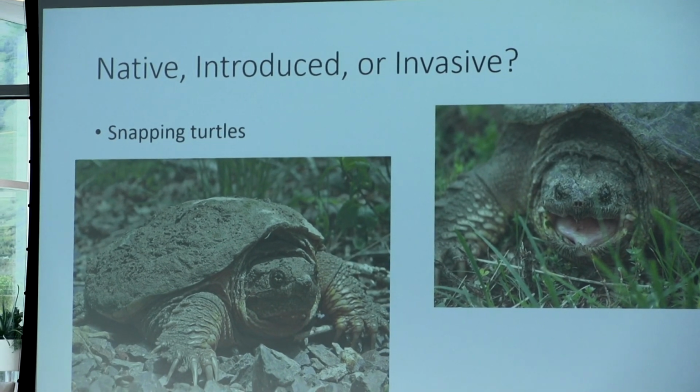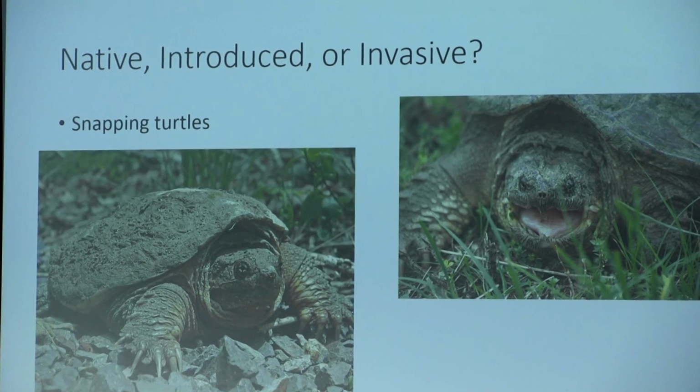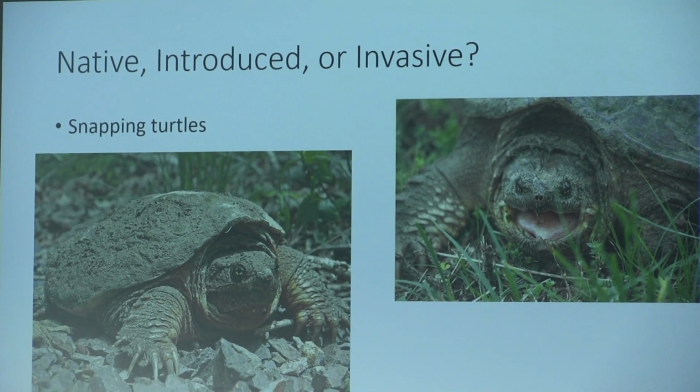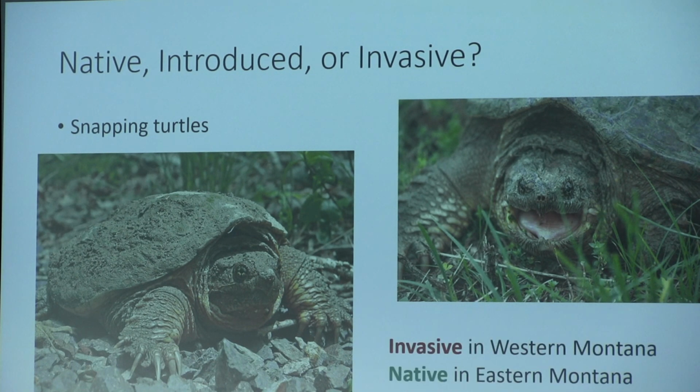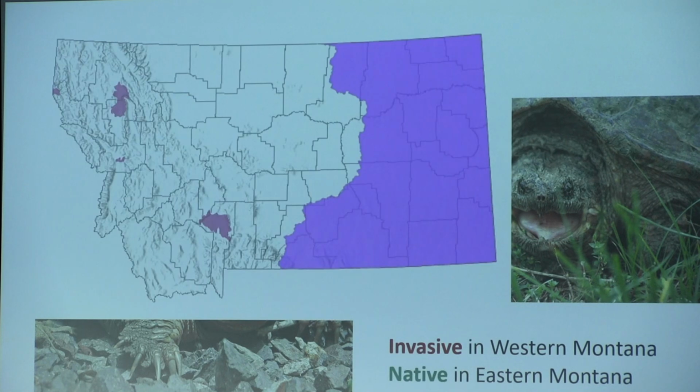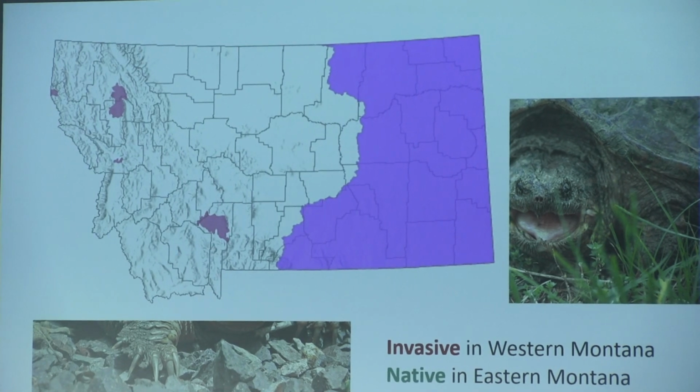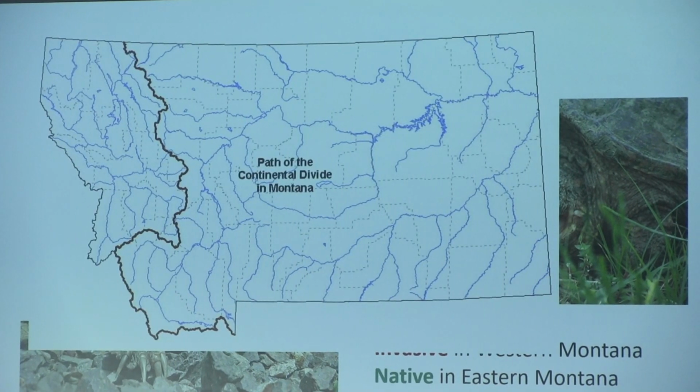Snapping turtles. This is the last one that you have to talk, I promise. What do y'all think? Introduced? So these are tricky because they're invasive in western Montana, so here they're invasive, but in eastern Montana, they are not. And that is the unique part of living where we are. We have that continental divide that extends down our state.